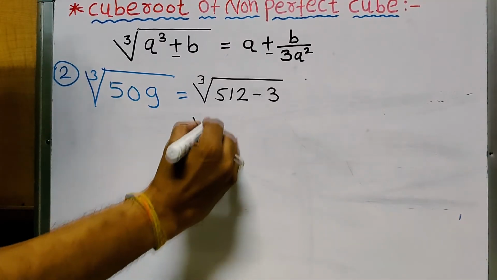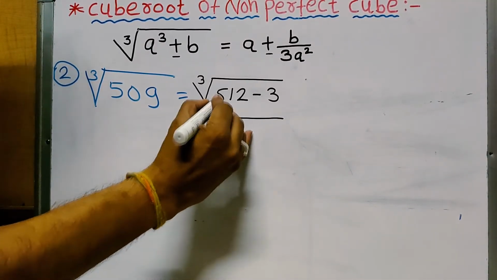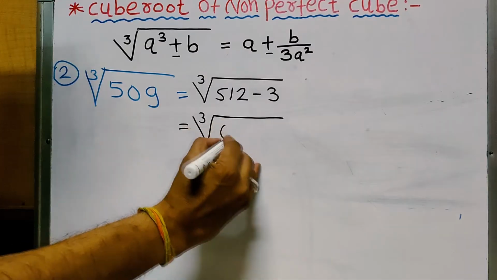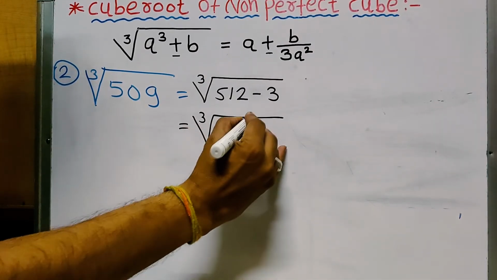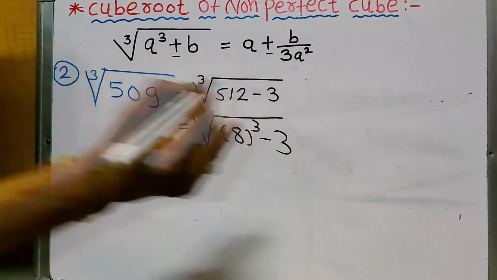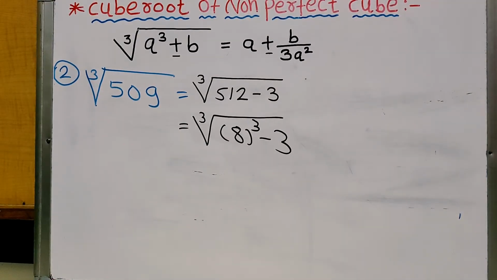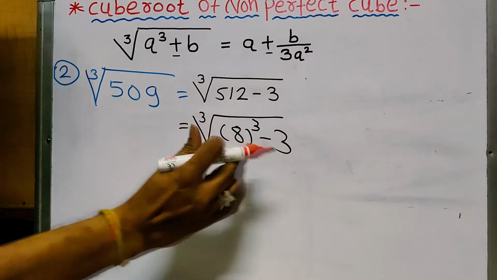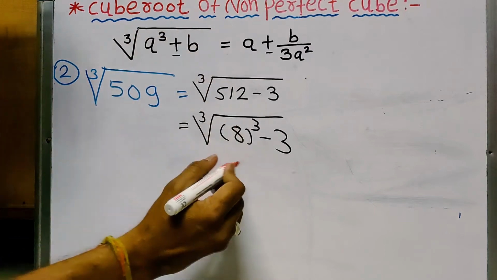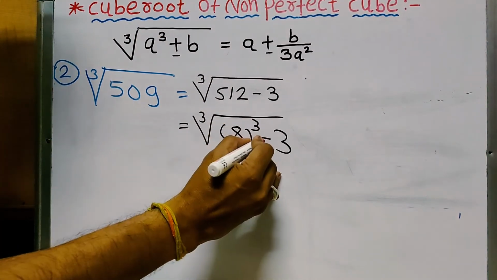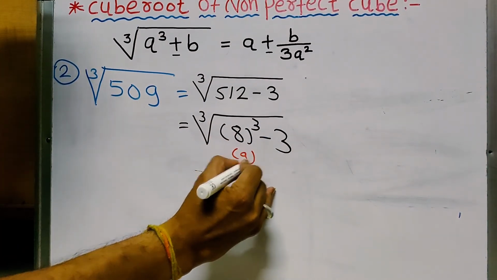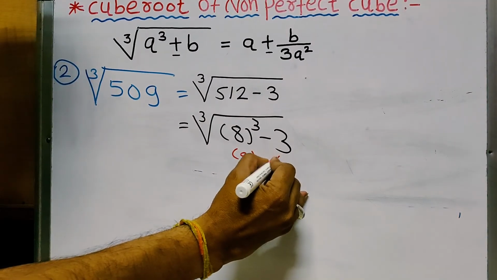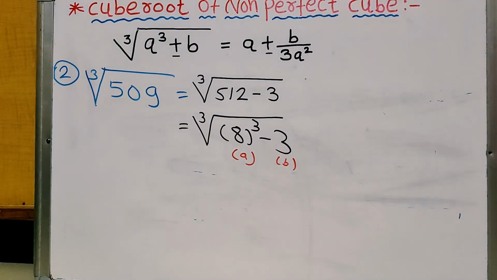Here we know 512 is the cube of 8, minus 3. Now this is in the form a cube minus b. Here 8 is a and 3 is our b.